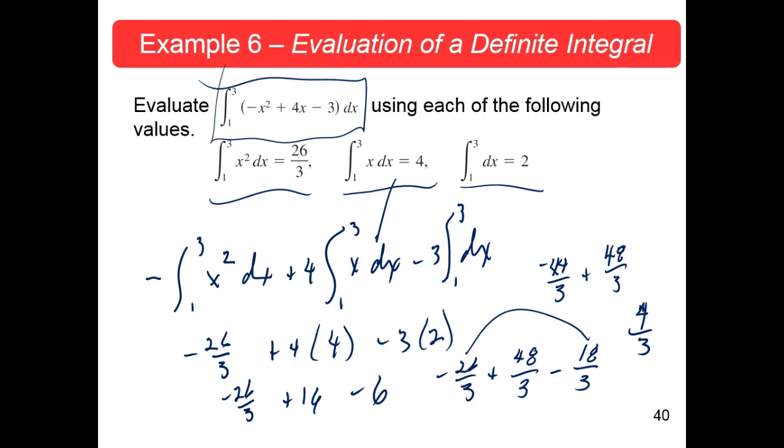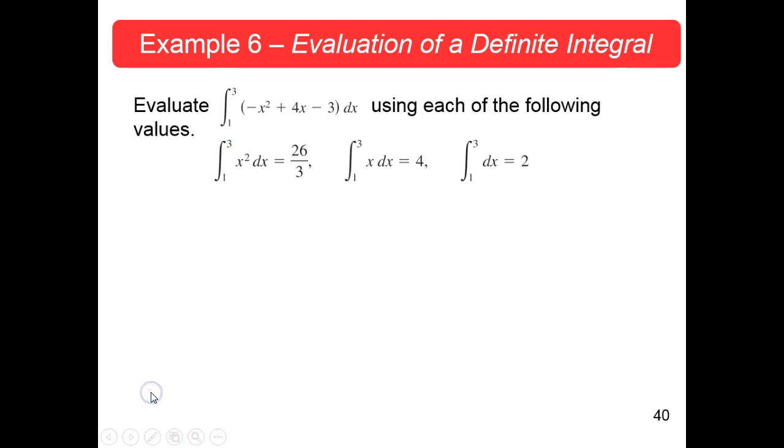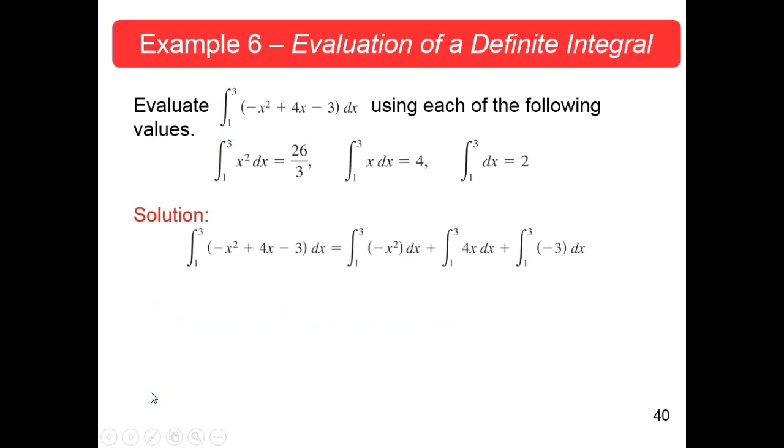That was example 6. Let's watch how they did it. Hopefully they didn't make as many serious mistakes as I did. They first broke it into sums. So it's the integral from 1 to 3 of minus x squared dx plus the integral from 1 to 3 of 4x dx plus the integral from 1 to 3 of minus 3 dx, doing each of these parts separately.